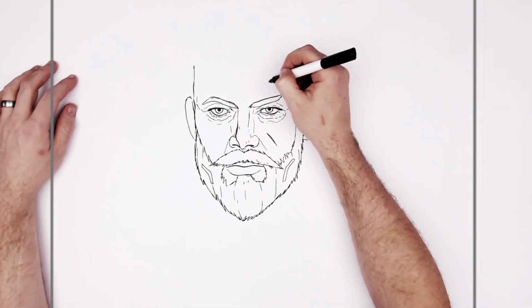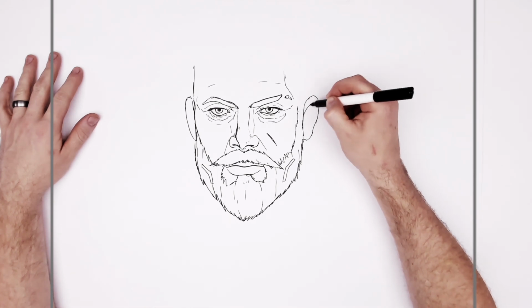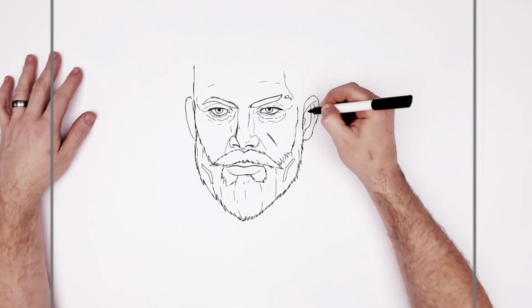And he has some lines coming across his forehead. And then ear lines, easiest way, letter J. You can add more detail to that if you want.